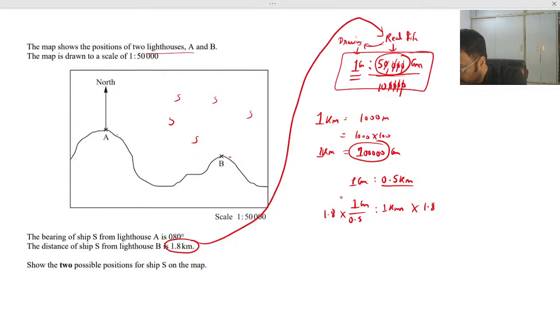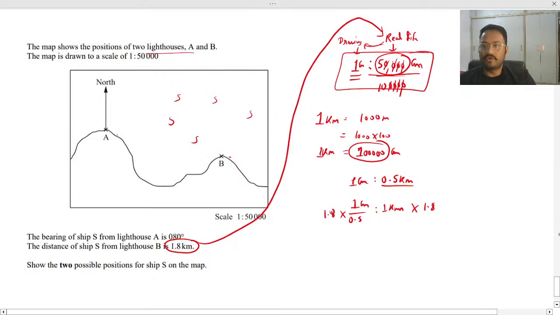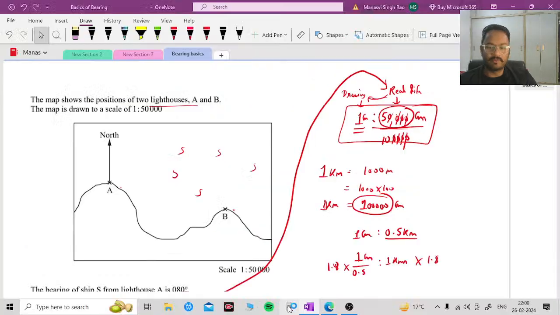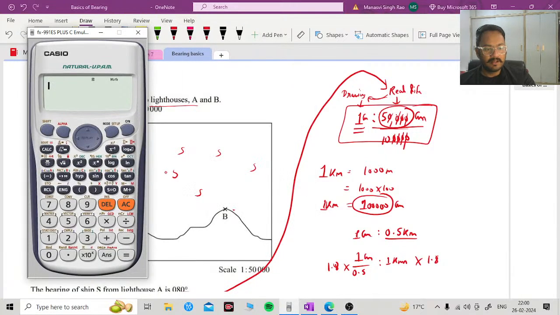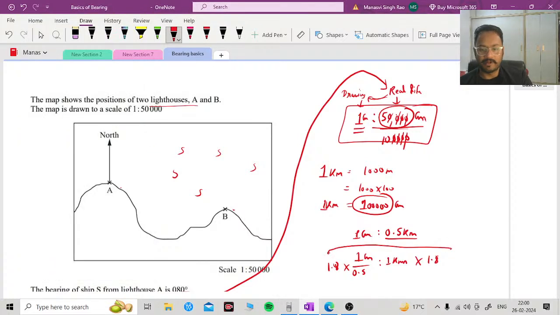Done. Okay. So Purandey is saying it is 3.6 kilometer. Exactly right. So I'll show you how it is 3.6. If you see the calculator, I have a calculator here. So you can see that 1.8, I'm putting it here, 1.8 multiplied by 1, and the answer divided by 0.5. This is the most important part, you need to go through this.